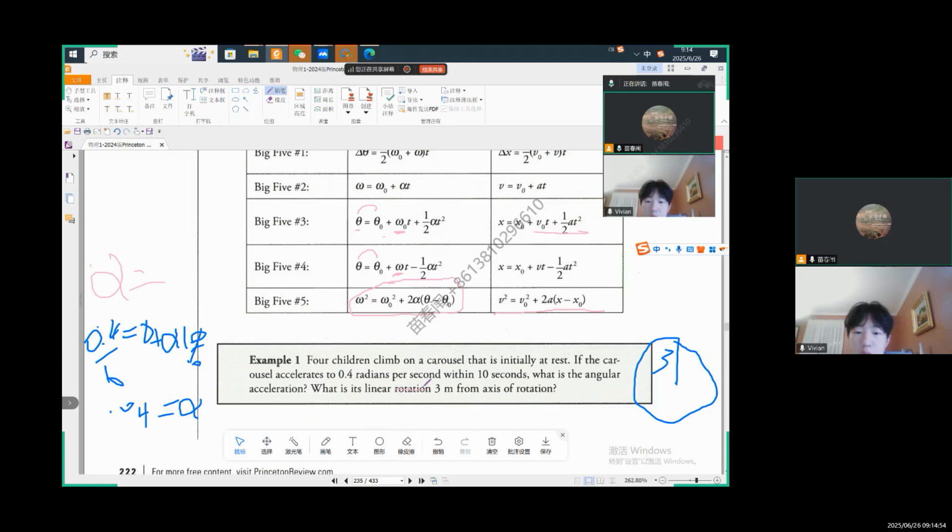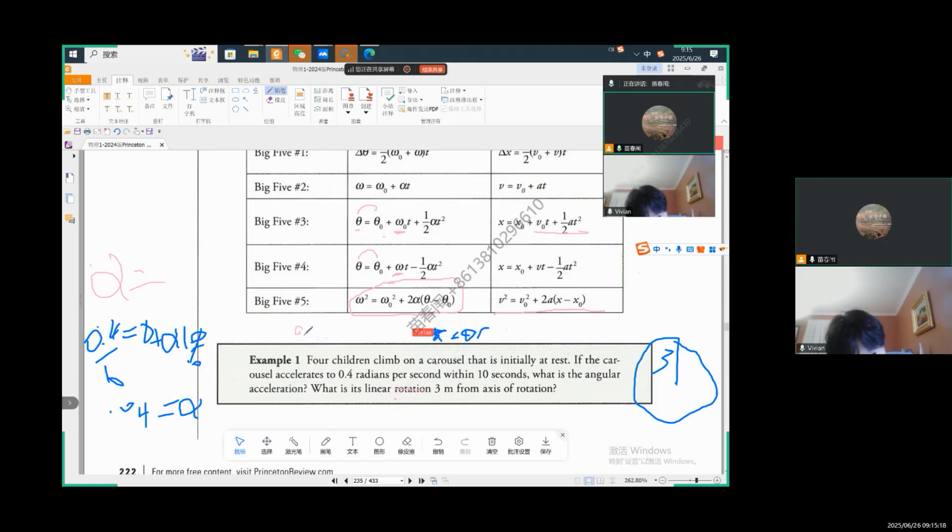It's right. Acceleration. One is asking angular, one is asking linear. The linear acceleration. x equals theta r, right? It's not exactly the linear acceleration.